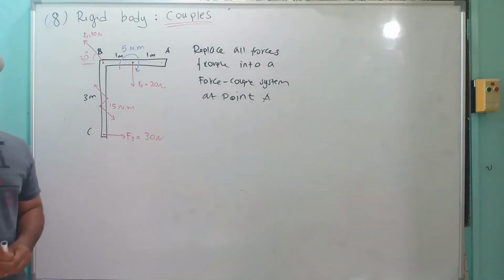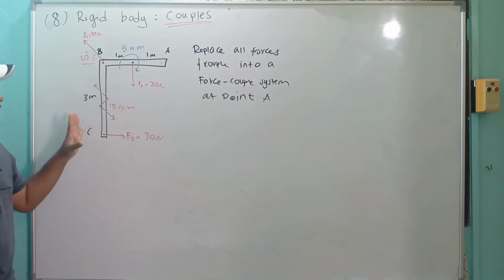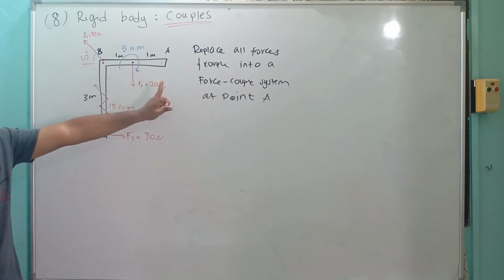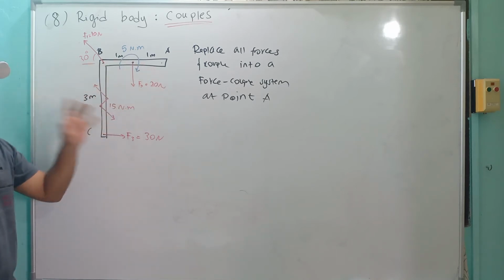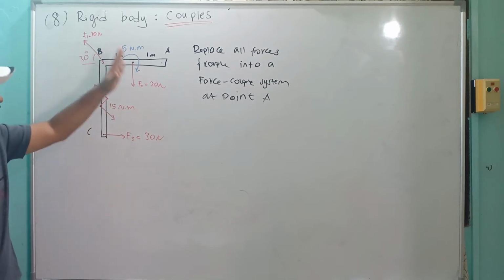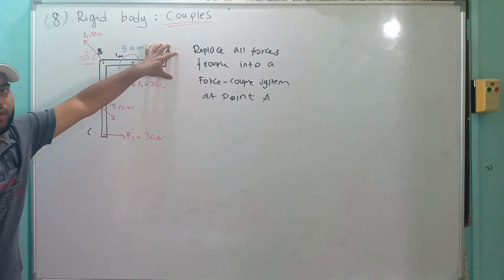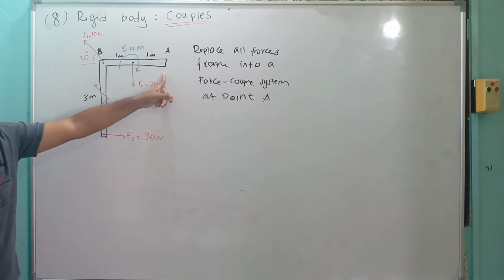Okay, so the question asks you to replace all these forces and couple into only one point. Our end result is we will eliminate all the forces and all the moments at various points here, but we will put them only at one point, which is point A.